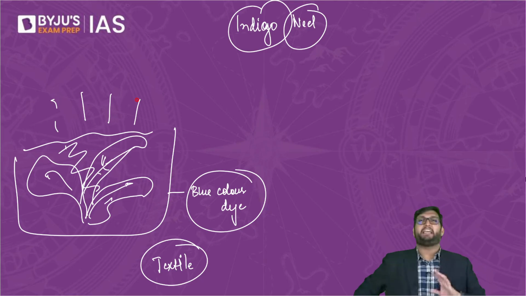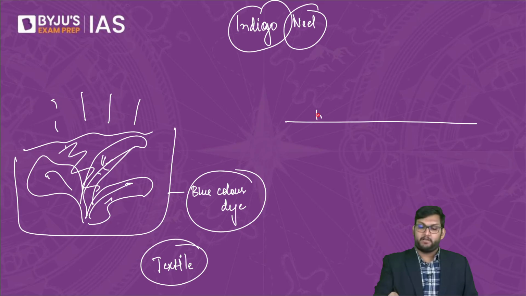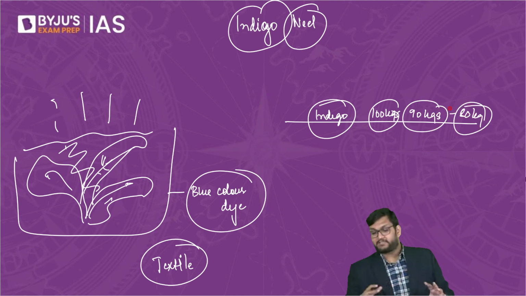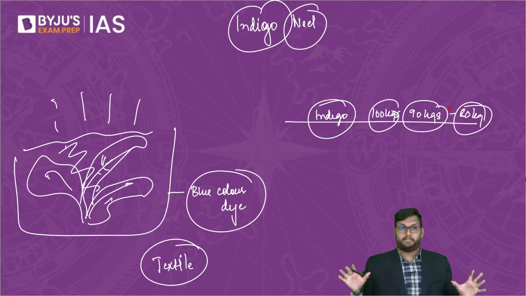It is a very harsh crop. Basically, it takes up a lot of nitrogen. So if you plant indigo, if your fertility, for example, was to produce 100 kgs in the first year, next year automatically it will become 90 kgs and then 80 kgs. It is one of the worst. It destroys soil fertility.